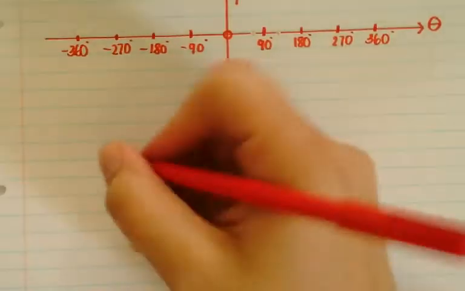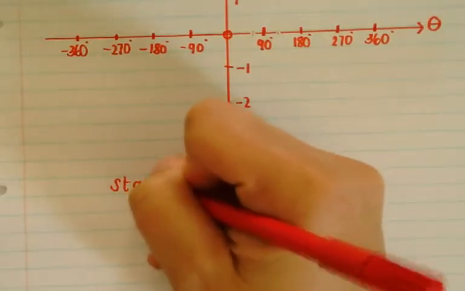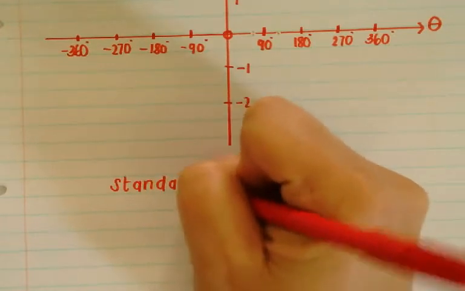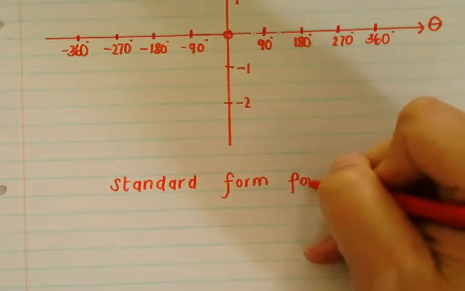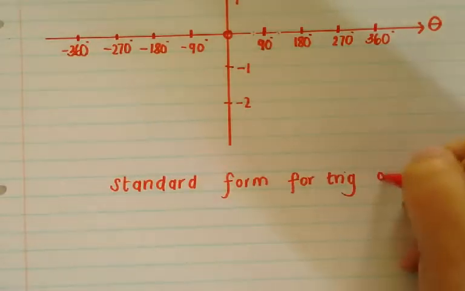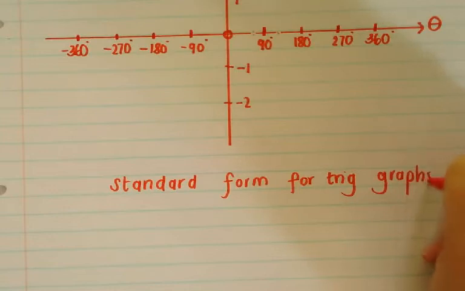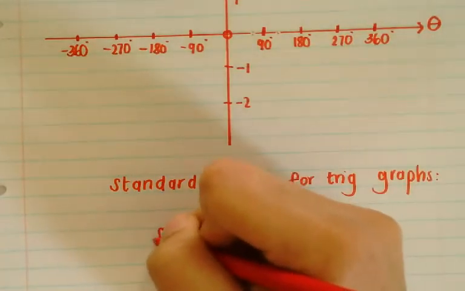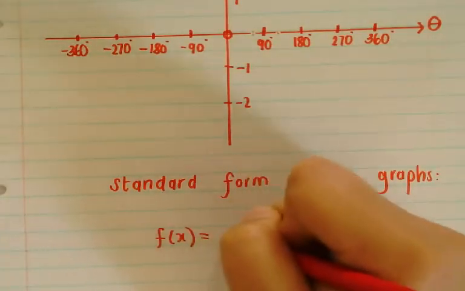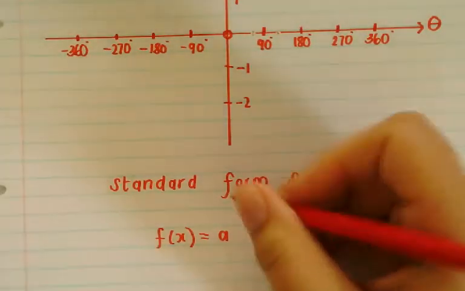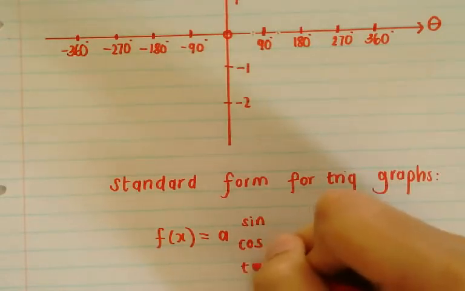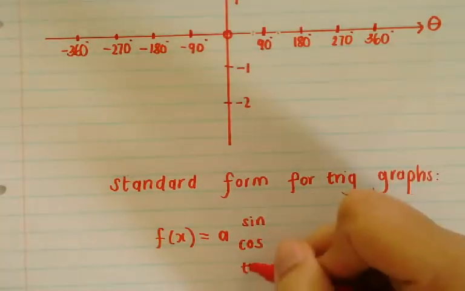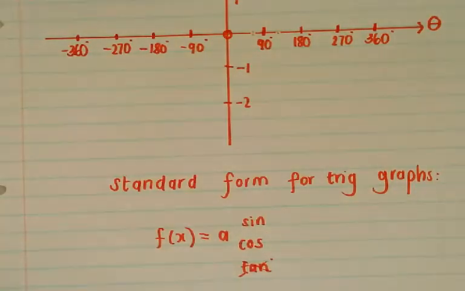So just moving that up for now. Okay. So standard form for trig graphs. So it would be f of x or y or whatever equals to a. I'm just going to say sine or cos or tan for that matter, but we're not dealing with tan, so we can just leave tan out.